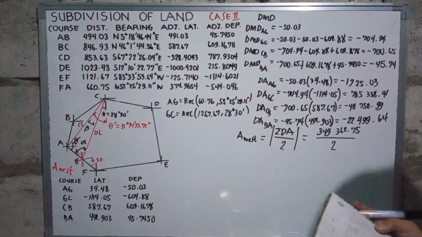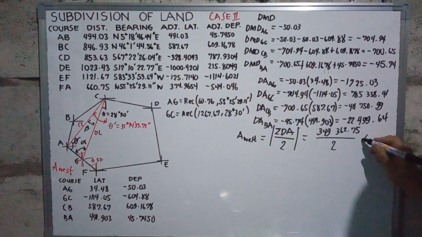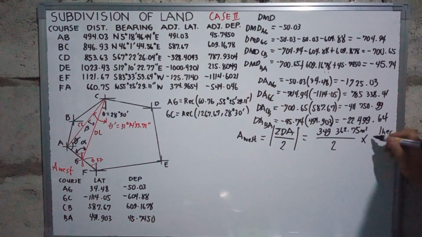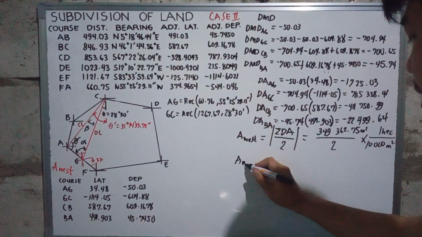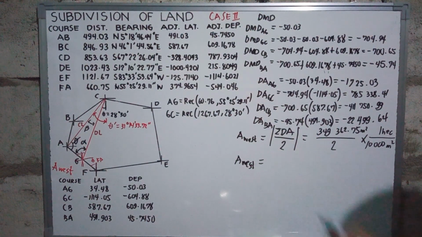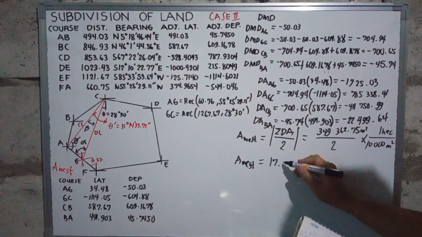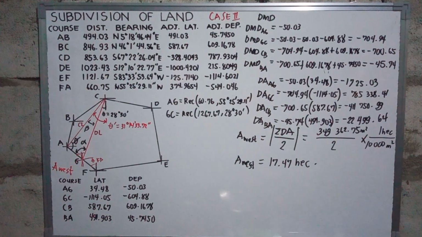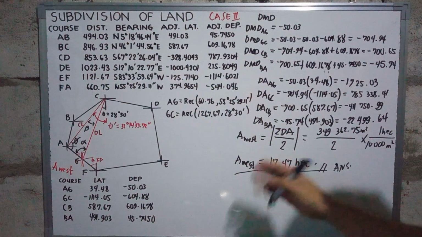So, para makuha naman natin siya in terms of hectares, i-multiply lang natin siya, since eto meter square, di ba? 1 hectare is equal siya sa 10,000 square meter. So, the value of our area west is equal to 17.47 hectares. So, this will now become yung answer natin na area west.